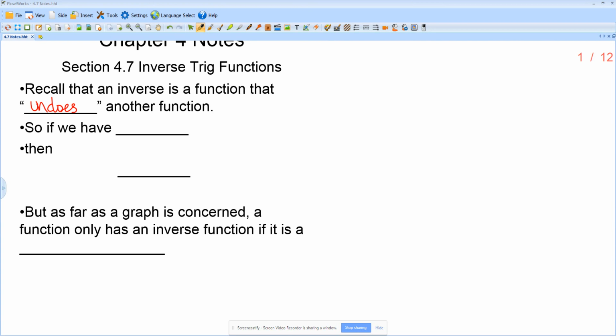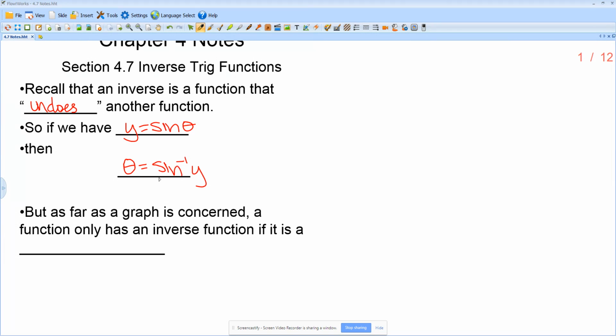So if we had y equals sine theta, and we were trying to get theta alone, theta would be equal to inverse sine, which is written as sine with that -1 exponent, of y. And sorry, I should change that. This is not the -1 exponent.